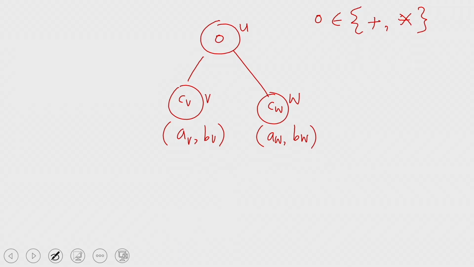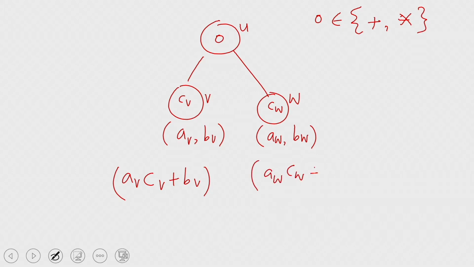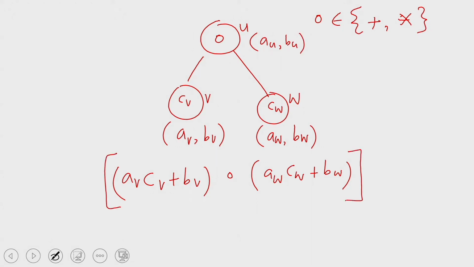So, the leaf V will evaluate to CV and it will send up a value of AV times CV plus BV to its parent, and W will send up a value of AW times CW plus BW to its parent, and then these two will be combined by U using the operation which is present there. If AU, BU is the label of U, then the entire value of the tree will be this.